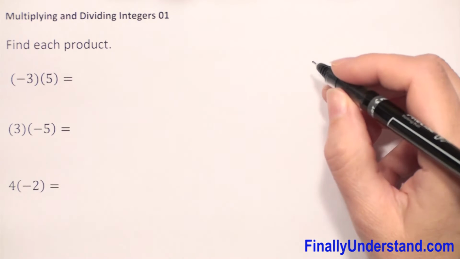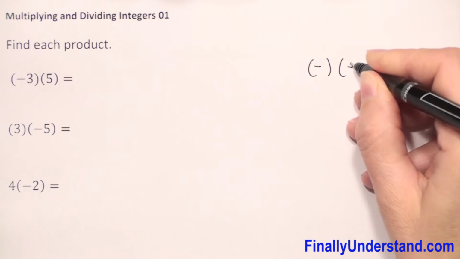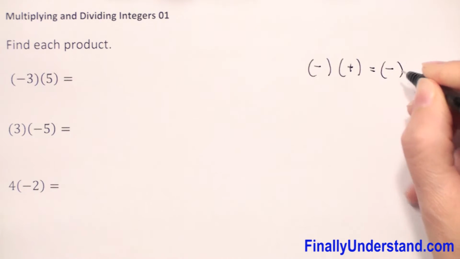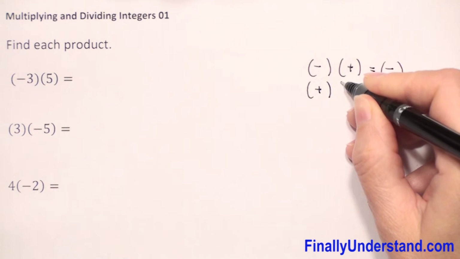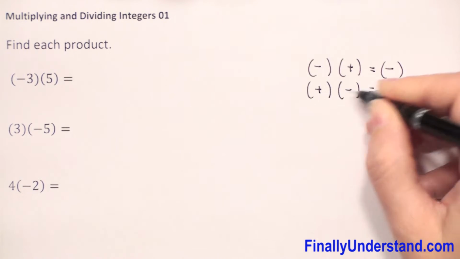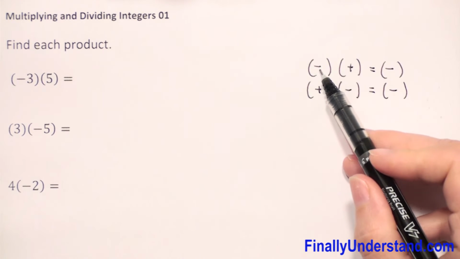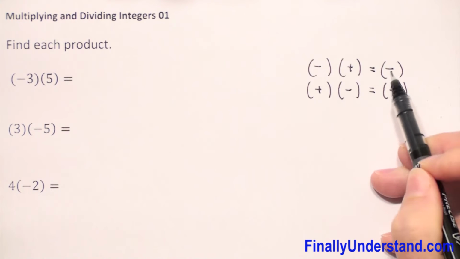You have to memorize: when we multiply a negative number times a positive, it gives me always a negative number. When I multiply a positive number times a negative number, it also gives me negative. So it doesn't matter if we have the first negative or the second negative, it still will be negative.